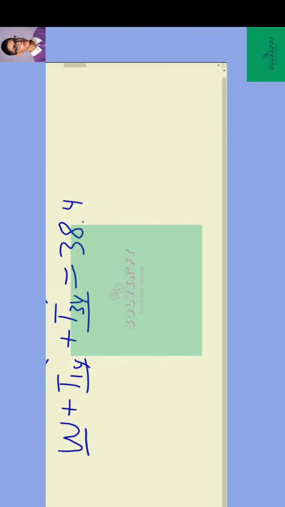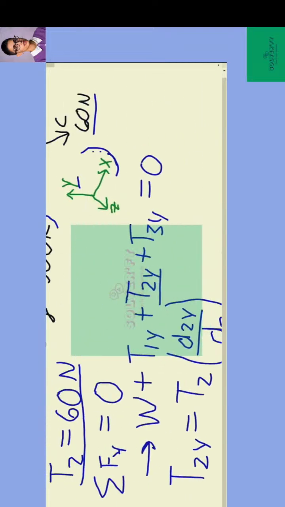Now let's consider the sum of the forces in another direction. Let's go with Z. Of course, sum of the forces in the Z direction are also equal to 0. Which forces are acting in the Z direction?